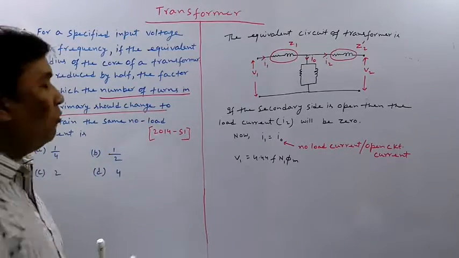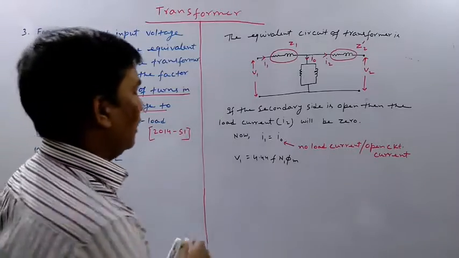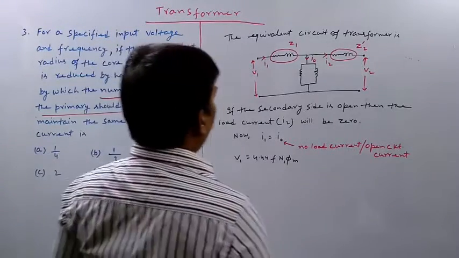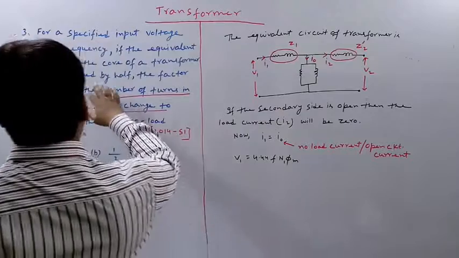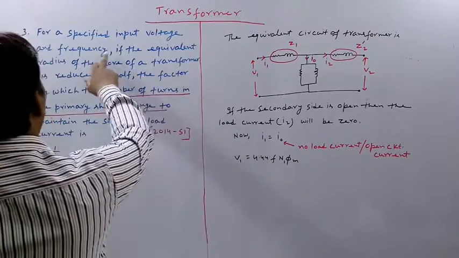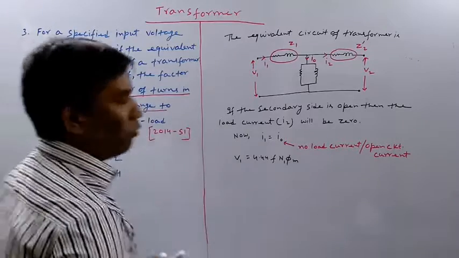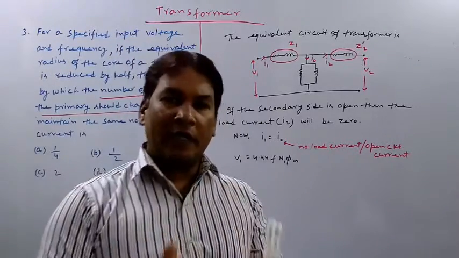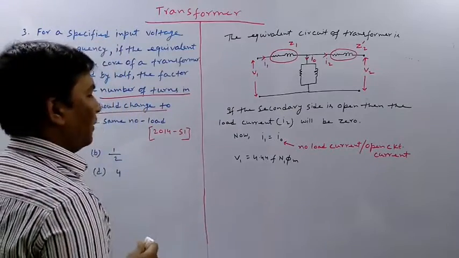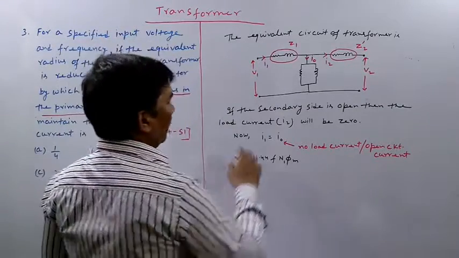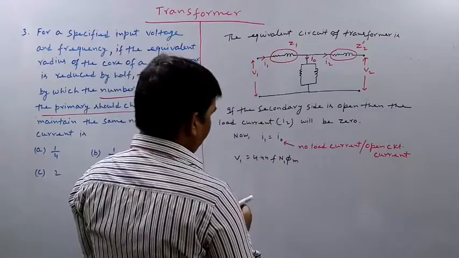Now the no load current, since the equivalent radius of core of transformer is reduced by half. Now the equivalent radius is reduced by half. So suppose at first we apply V1.